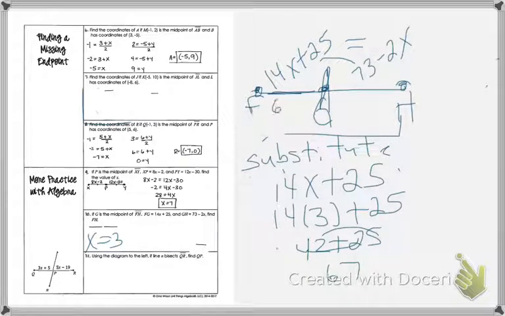From here to here, it's 67, which means that 67 times 2 will give us 134. So FH equals 134.